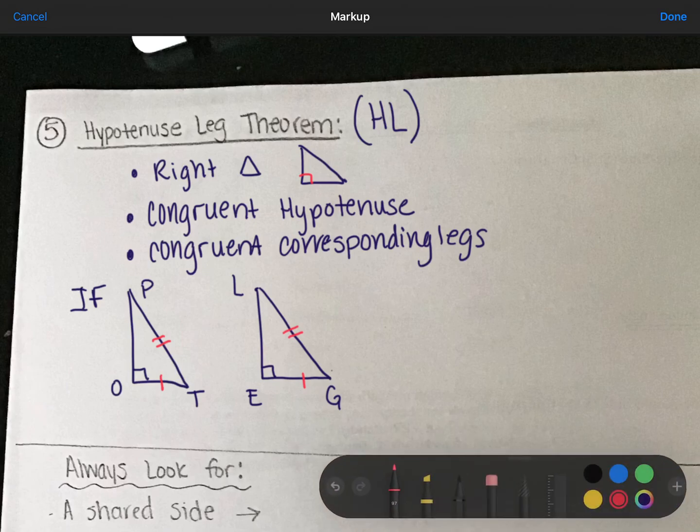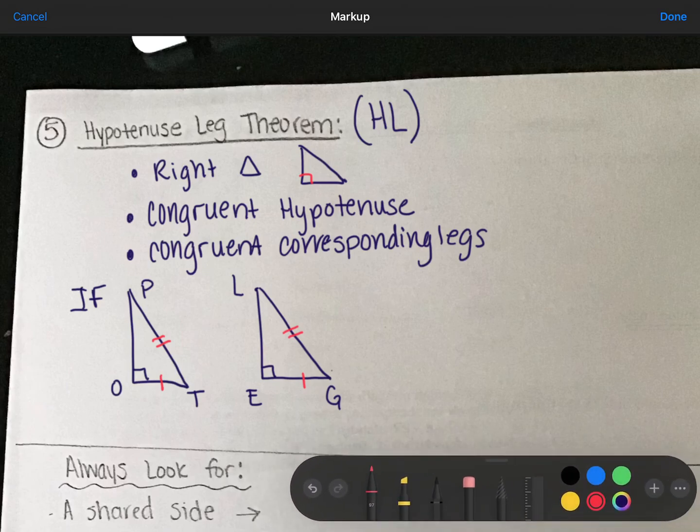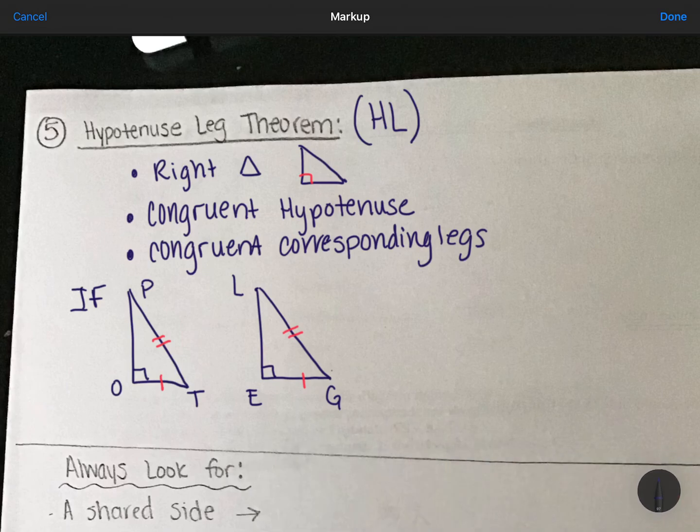So that'll be given to you marked like that. And so now we have enough information to say that these triangles are congruent. So we can say triangle POT is congruent to triangle LEG. And the reason would be hypotenuse leg.